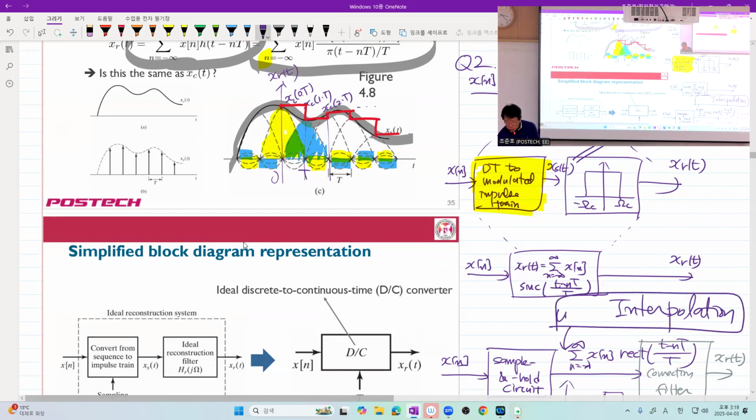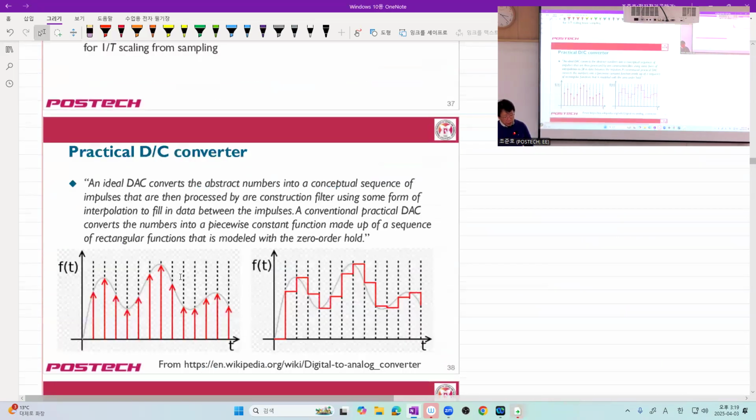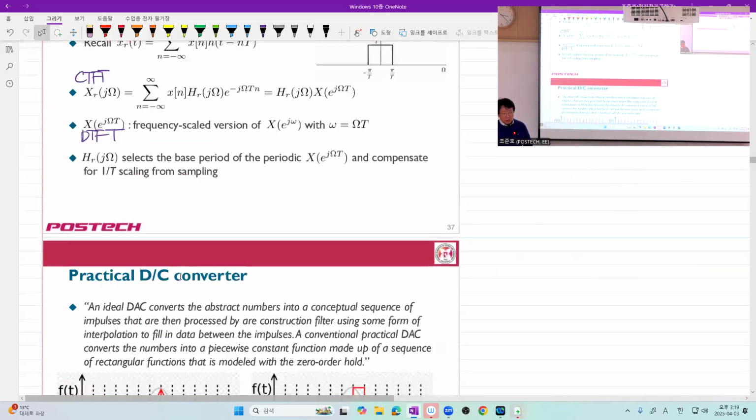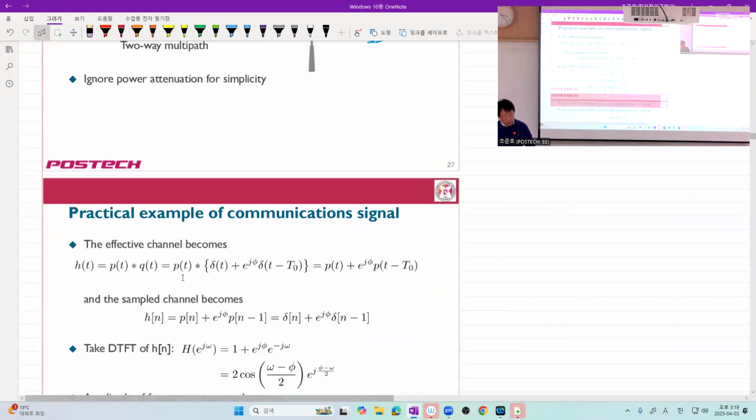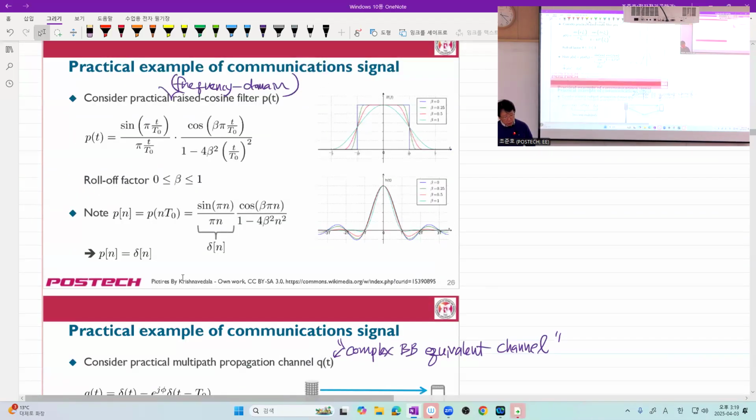And actually, this is uniform interpolation or periodic interpolation. And anyway, we are done with section 4.3. All the rest of the part I didn't cover. You can read it.